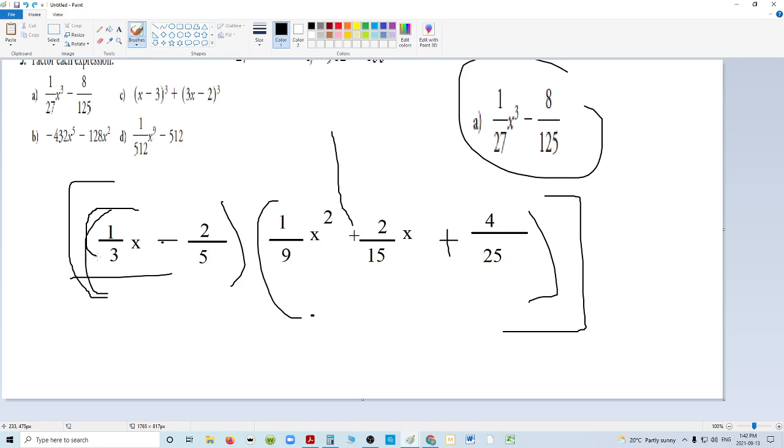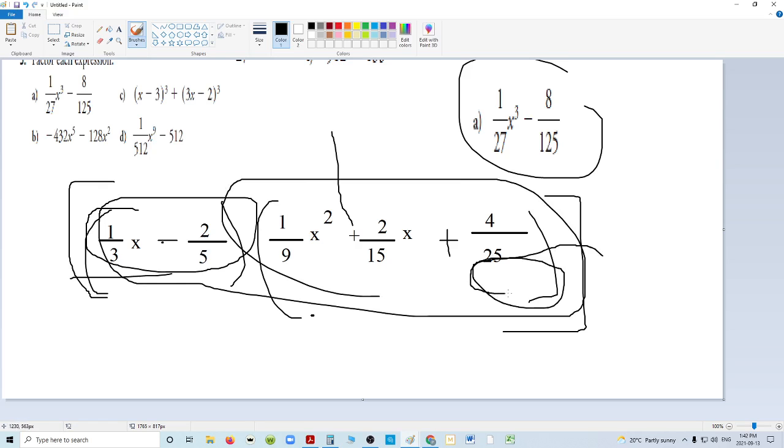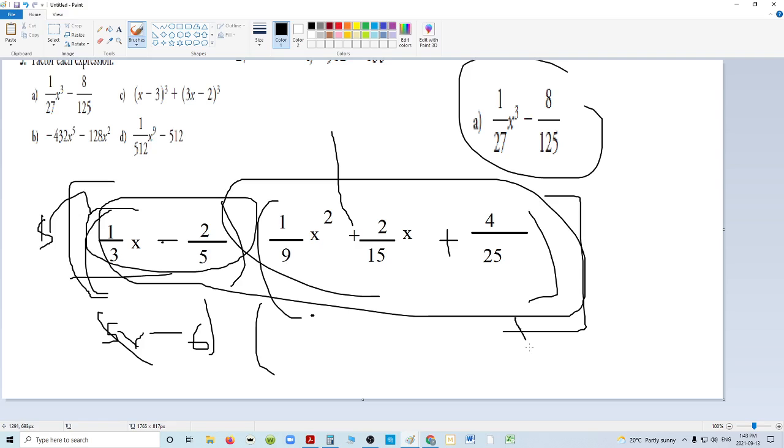But generally speaking, you would multiply this all by 15. And since 25 can't be multiplied by 15, you'd have to even go further. Find a number that 9 and 25 can be multiplied by and can divide into to essentially get rid of all these denominators. I think if I just multiply 15 times the first one, I'm left with 5x minus 6. But it doesn't work for the other ones. All right, well, the book accepted the fractional answer, so we'll just move on from there.